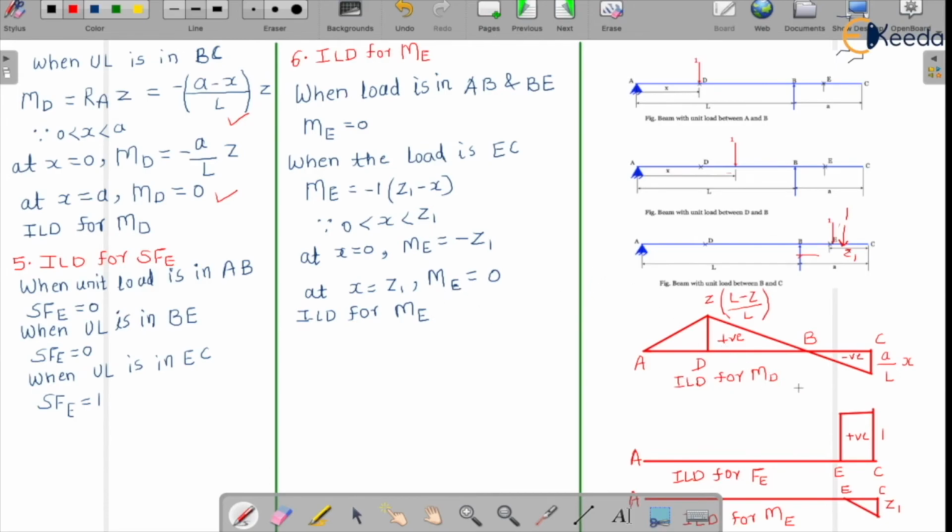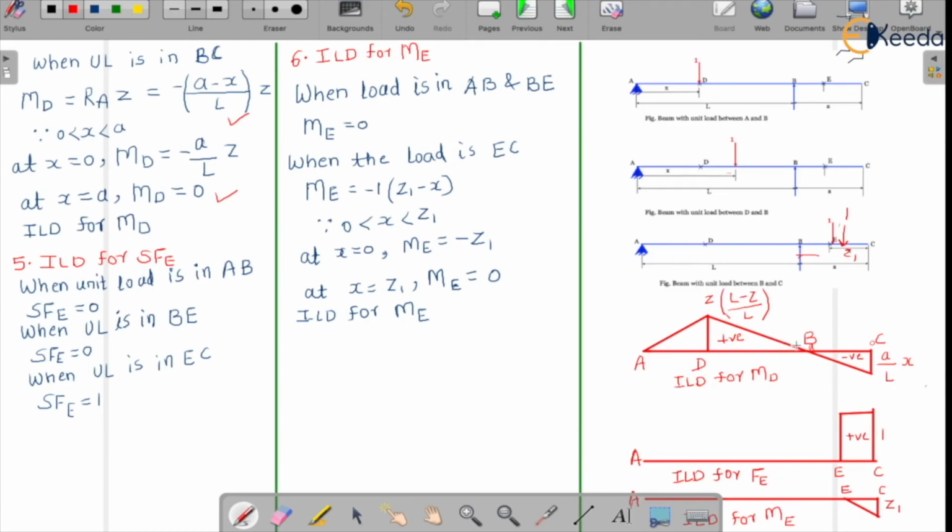Now let us plot all the values. The ILD for moment at D: we have plotted these values. In the part 0 to A, X is varying from 0 to A. When X equal to 0, we get minus A by L into Z, and when X equal to A, we get moment as 0.